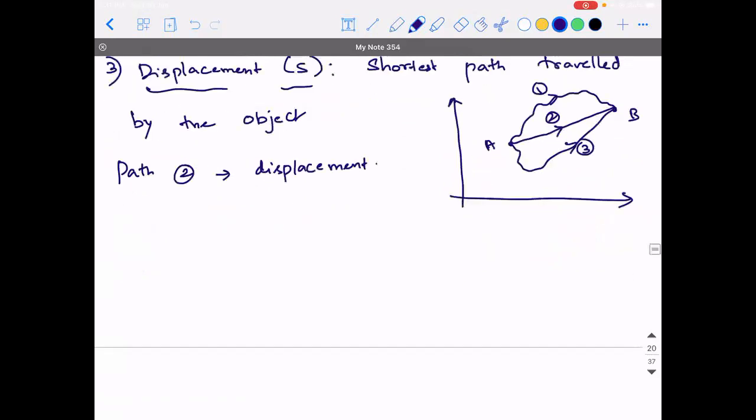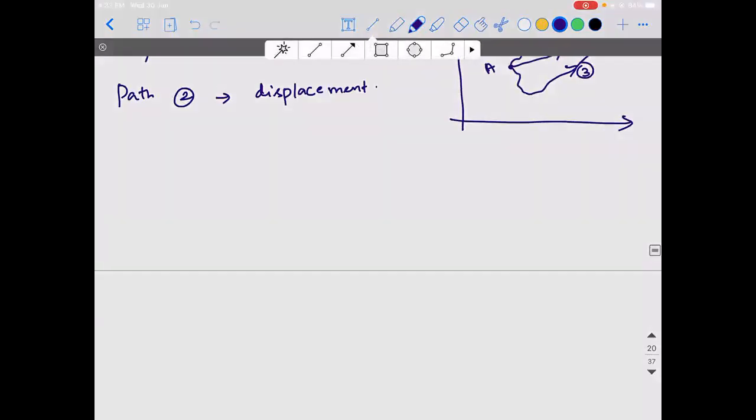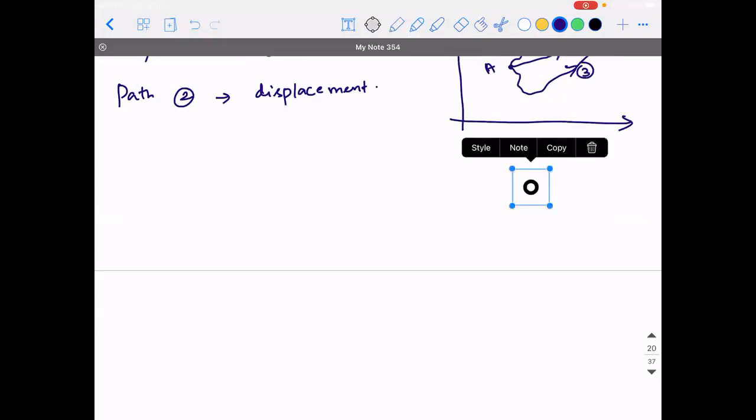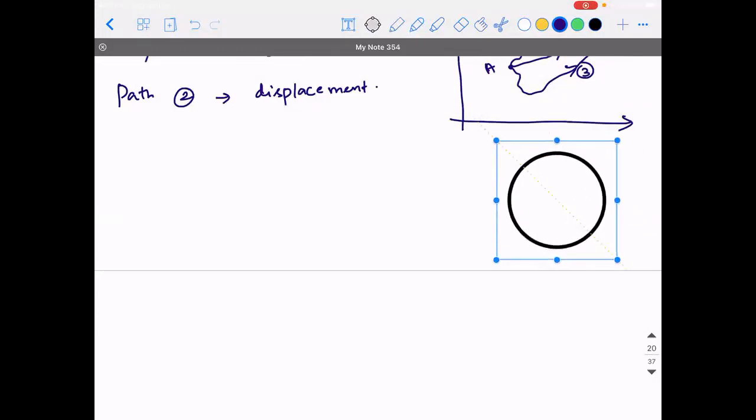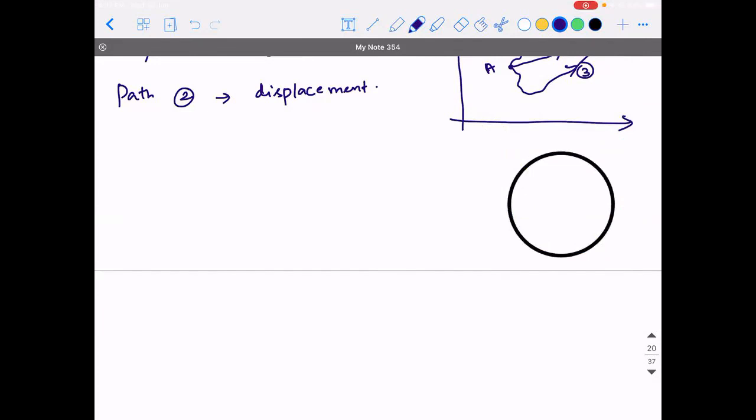Okay. See, for example, let's talk about a circle. There is a point A and there is a point B. And there is a person who's moving in the anti-clockwise direction.